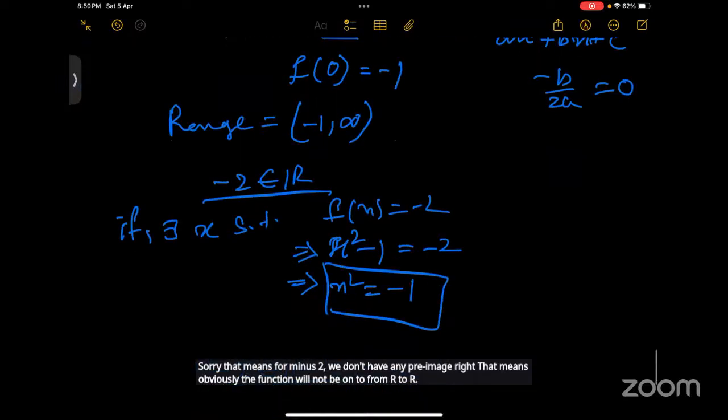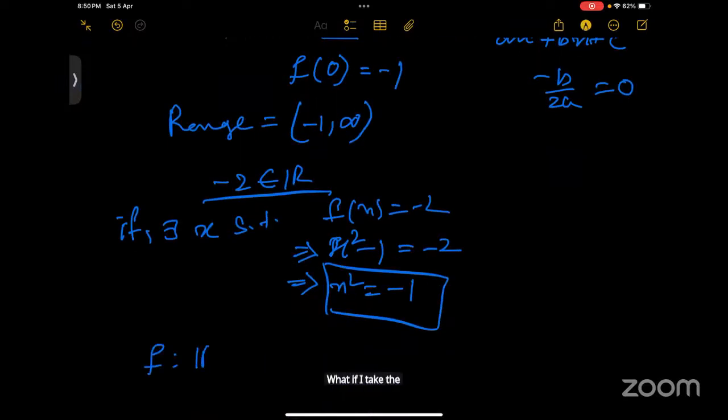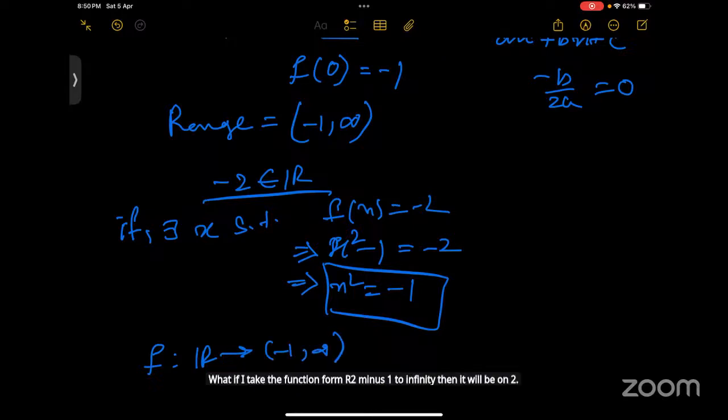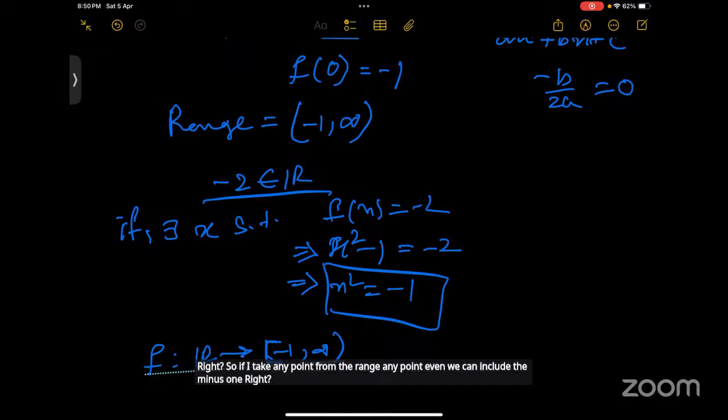But what if I take the function from R to [-1, infinity)? Then it will be onto, right? Yes, this is the range. So if I take any point from the new codomain, even including -1, then we can find a pre-image for that point, right?